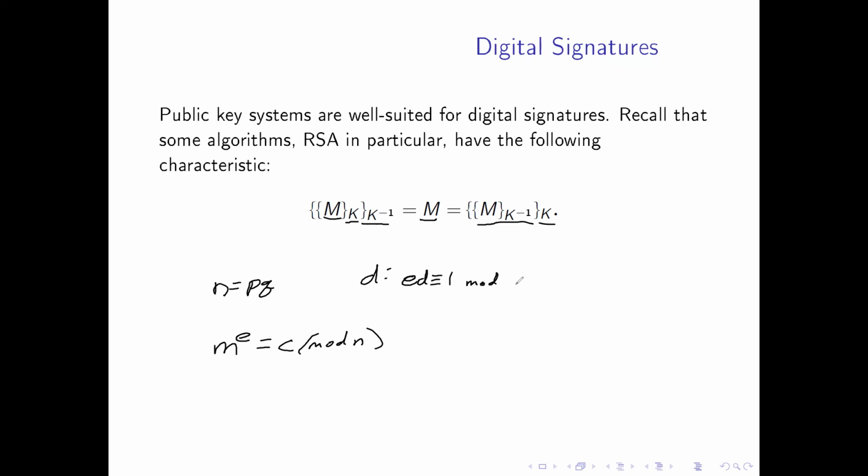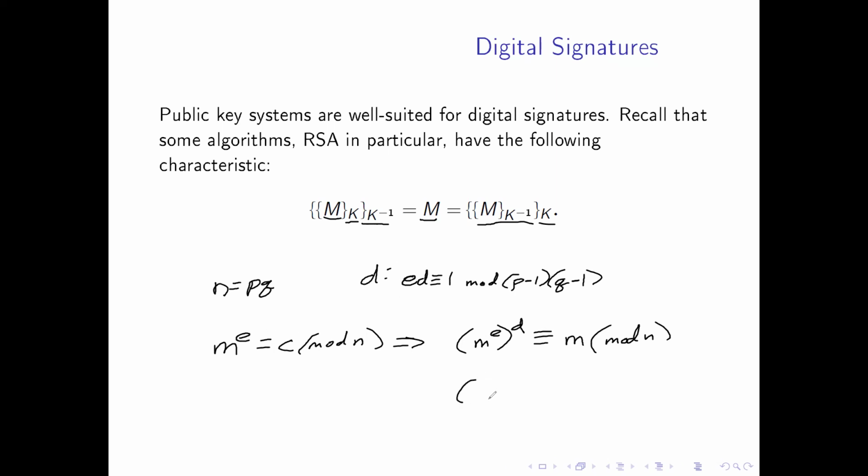Now there was a faster way, but in general, it's mod (P minus 1)(Q minus 1), which was part of the reason that RSA encryption worked. So this power then meant if I took M to the E power, and raised that to the D power, it was actually going to give me M mod N.